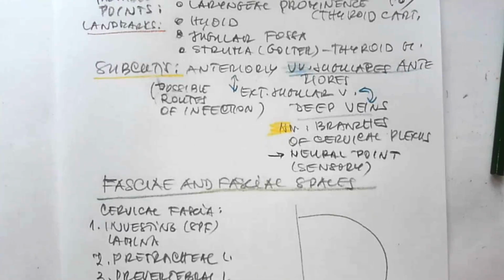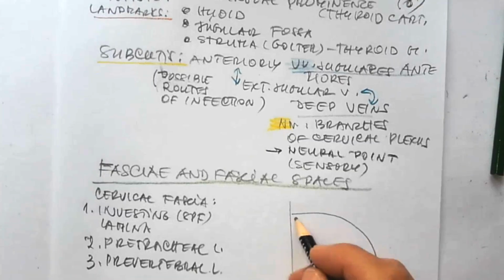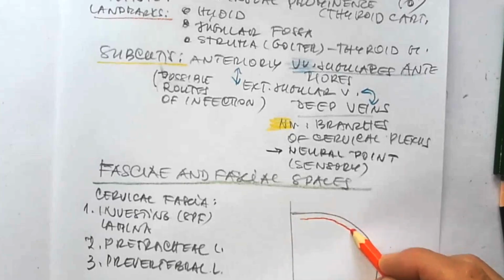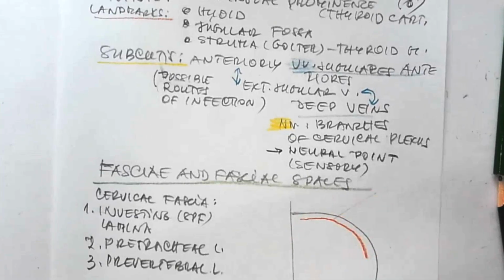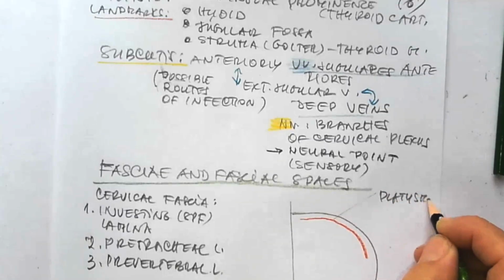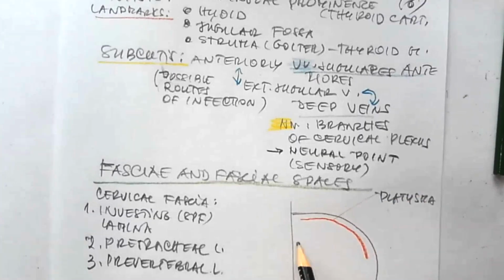We call them paravisceral and previsceral space. So we are looking at the space. Anteriorly, we are just drawing the position of the platysma. We know that the platysma doesn't have any fascia and lies a few centimeters from the median plane.